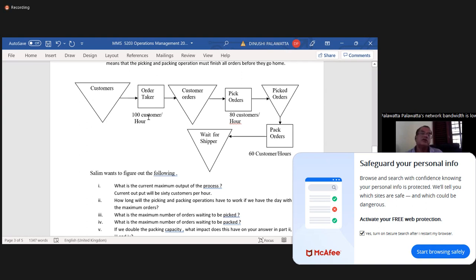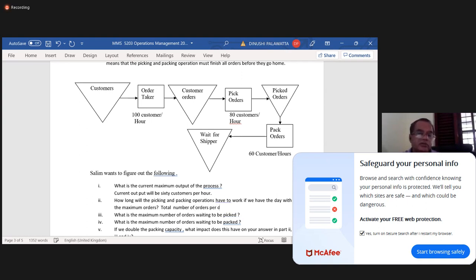Then 100 customers per hour orders taken. So total number of orders per day equals 1,200.